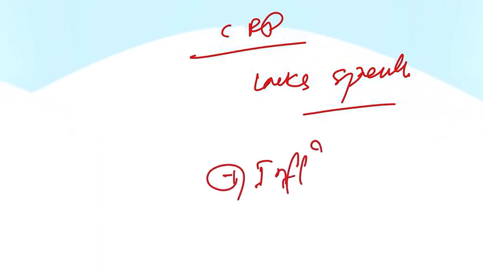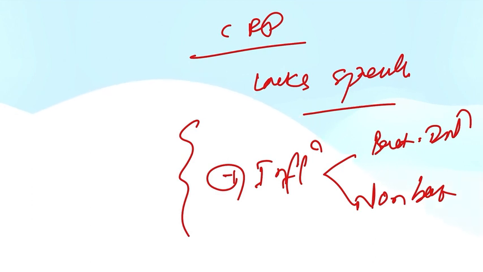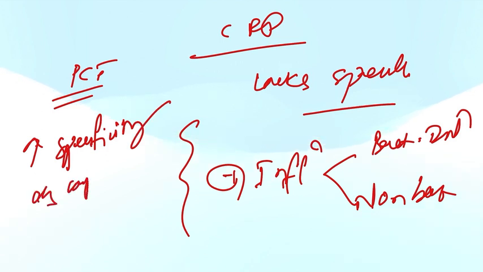When inflammation is there, whether it is due to bacterial infection or non-bacterial infection, that cannot be specifically determined by CRP value, right? And procalcitonin has higher specificity as compared to CRP, right?